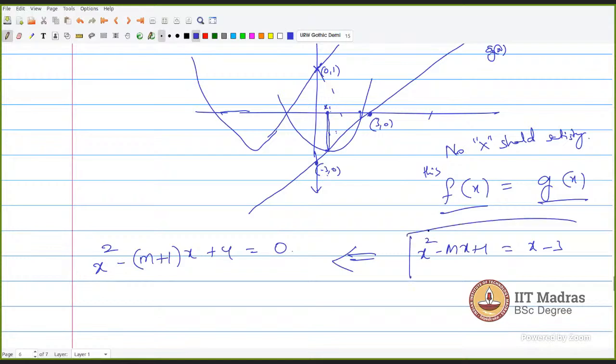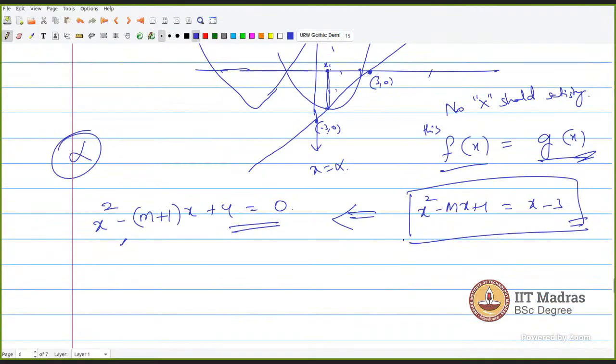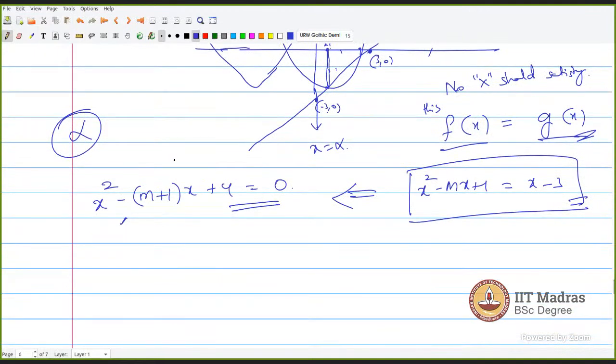This converts into a quadratic equation. If I say alpha is a root of this quadratic equation, that means at x equals alpha my graph touches or intersects. So I shouldn't have any such alpha. That means I shouldn't have roots for this particular quadratic equation.